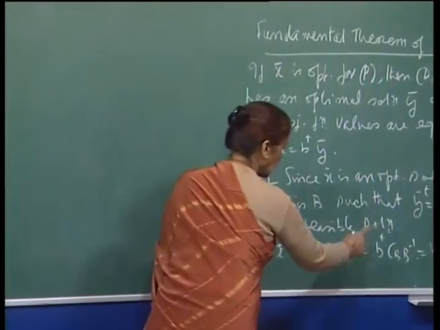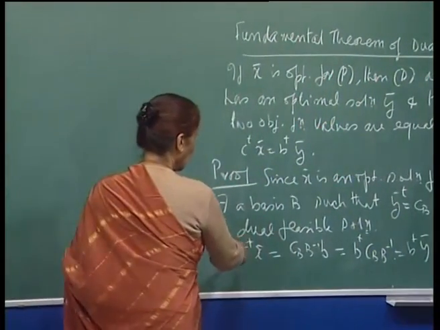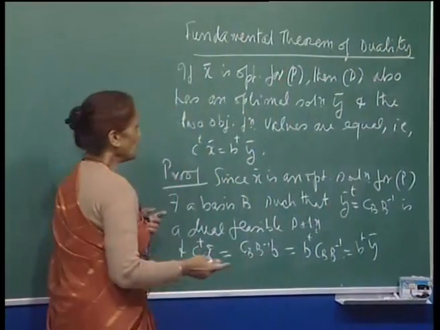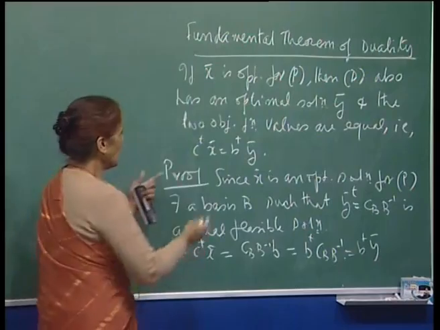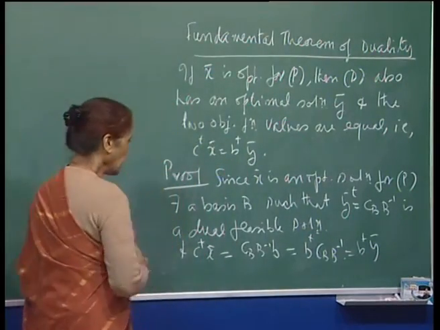So, we come back here and we say that I have shown you that there exists a feasible y bar for the dual problem such that the objective function values are equal, right.